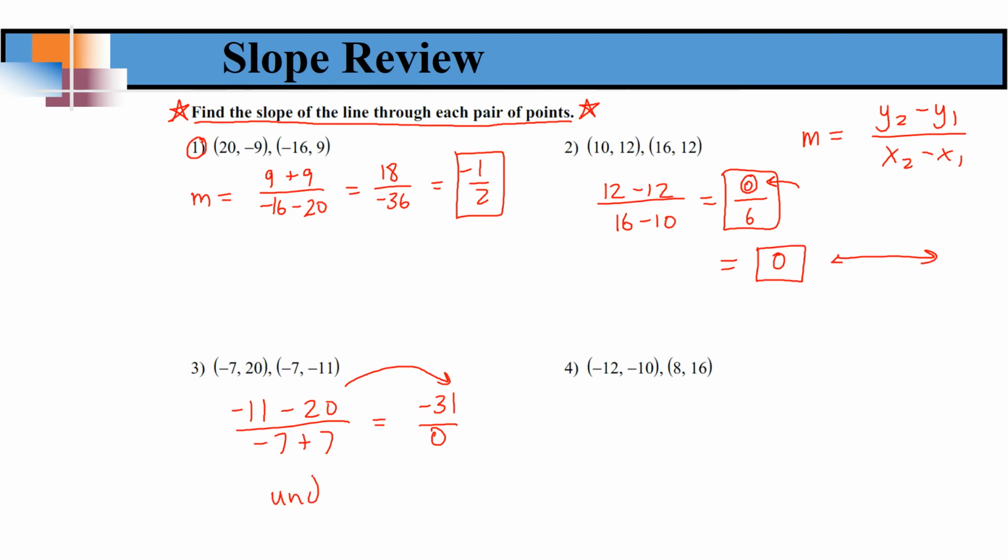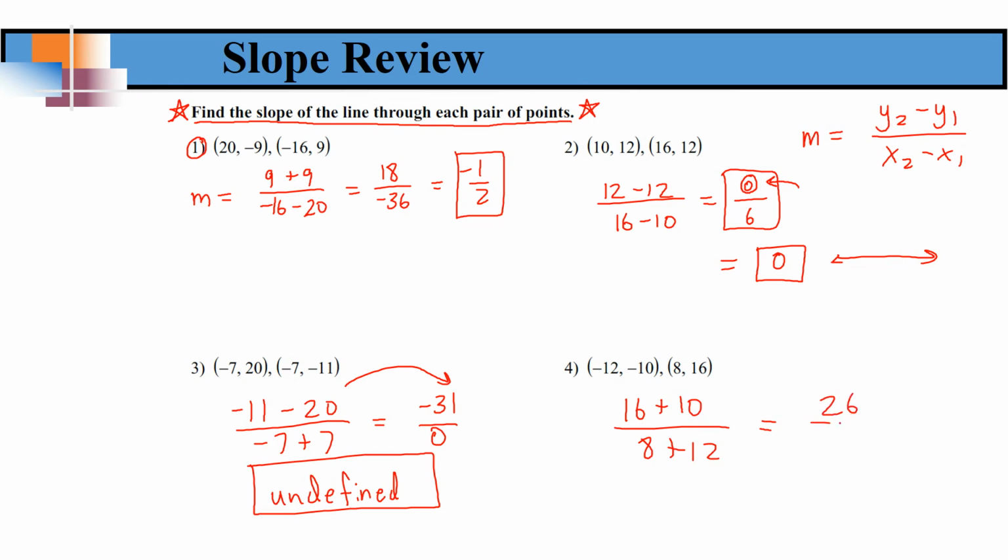Your final answer should be the word undefined. So make sure that's really clear. And finally, number 4, y2 minus y1, that's 16 plus 10 over 8 plus 12. That equals 26 on top. It equals 20 on bottom. Divide those both by 2, you'll end up with 13 over 10, and there's your slope.